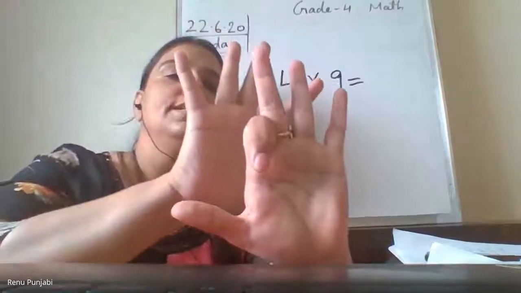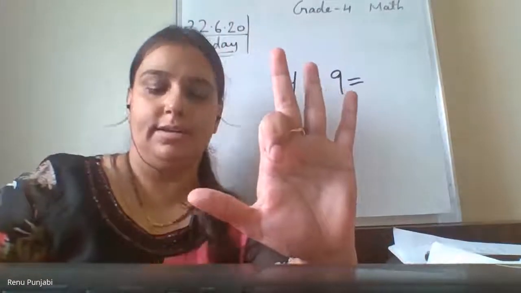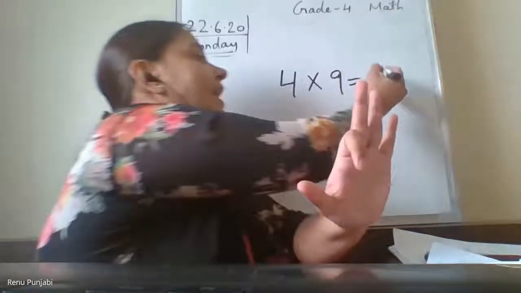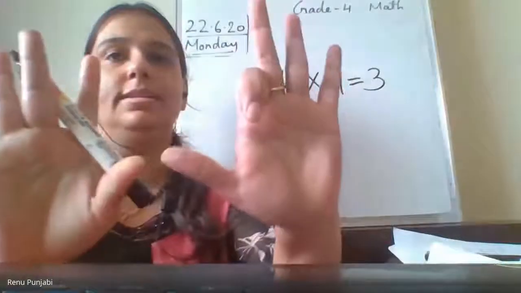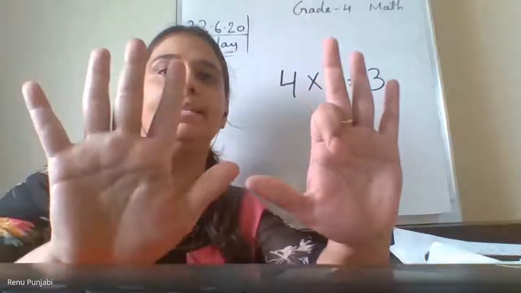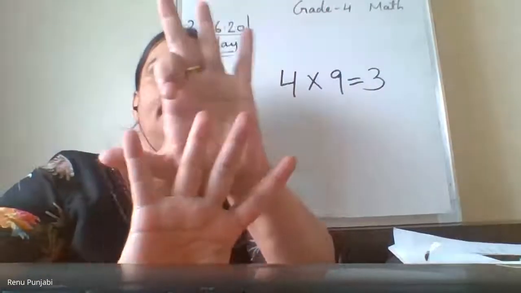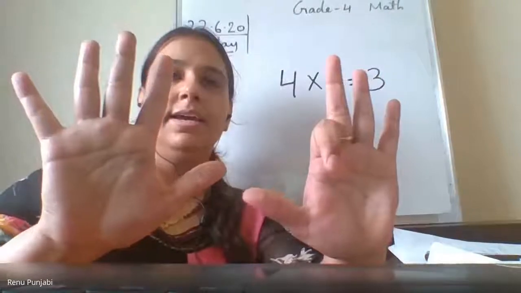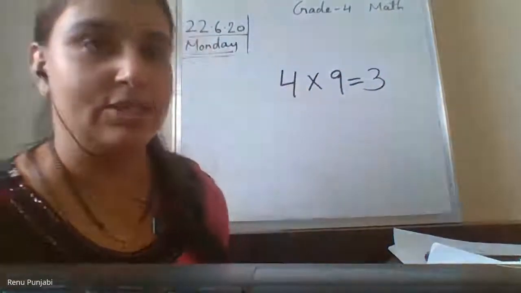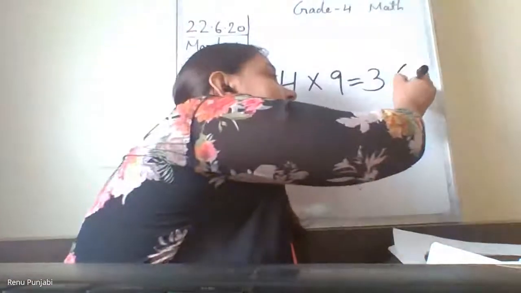So this is 1, 2, 3 to your left side, so we write 3 on the left side. And how many fingers on my right side after closing this? 1, 2, 3, 4, 5, 6. So we write here 6.